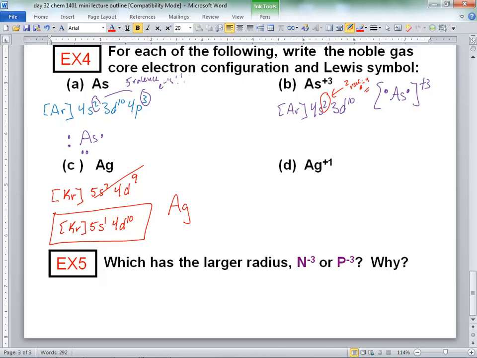Okay, how did you write the Lewis dot symbol for silver? Just put 1 dot. The electron configuration tells you that. There's only 1 valence electron. So just Ag with 1 dot.